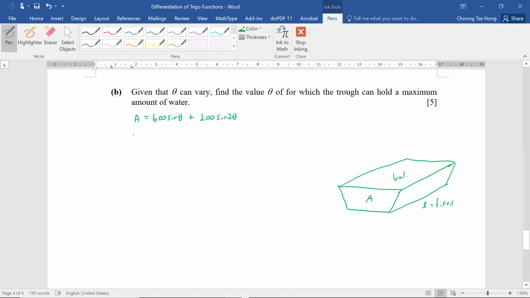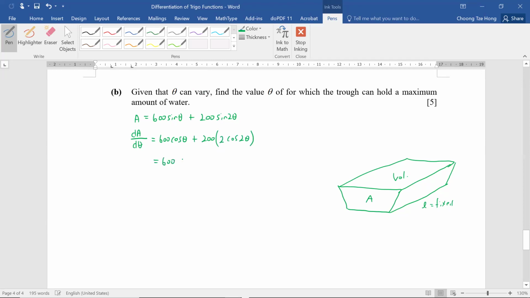So let's go ahead and try to differentiate A with respect to theta. 600, differentiating sine will give us cosine theta. Differentiating sine 2 theta is going to give us cosine 2 theta, then we differentiate the angle 2 theta, we get 2 and we put it here.